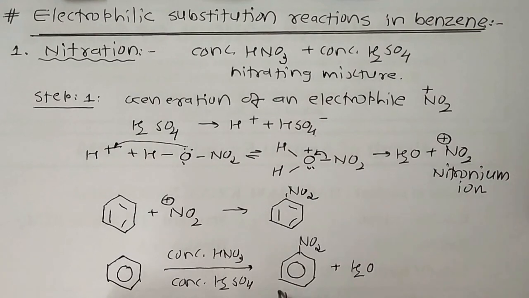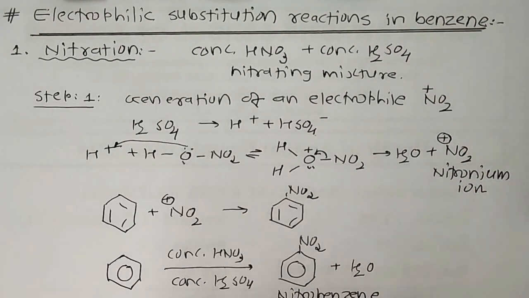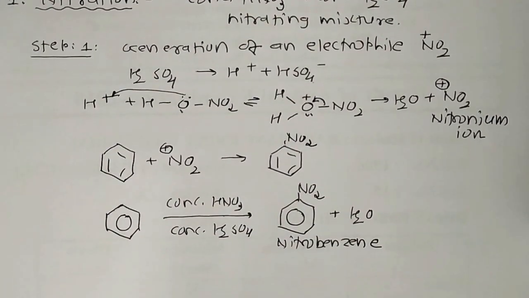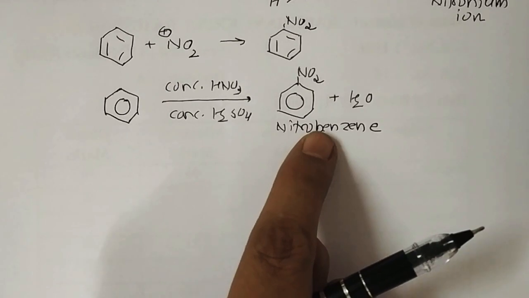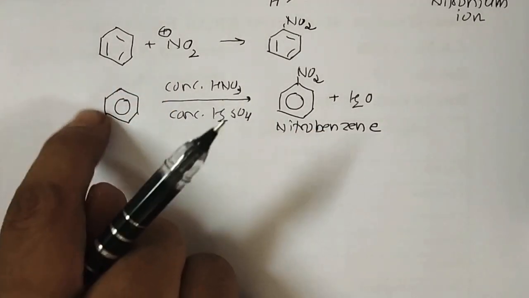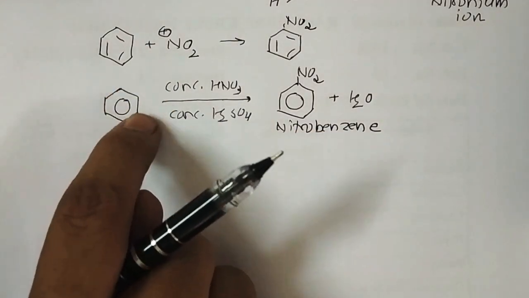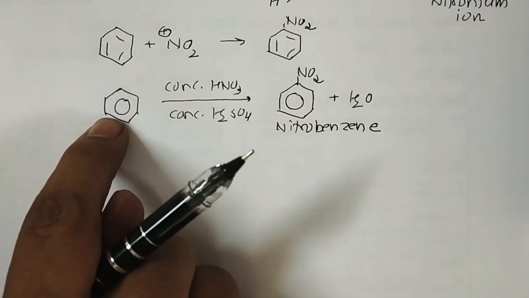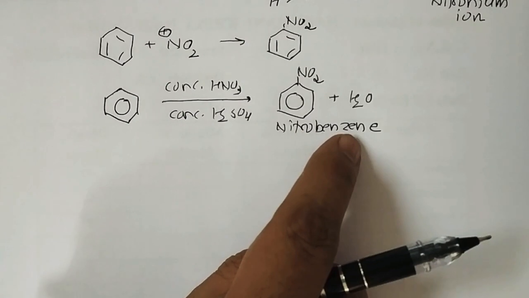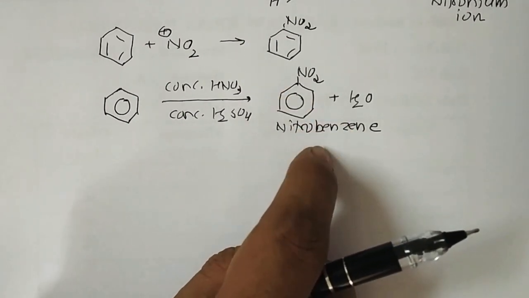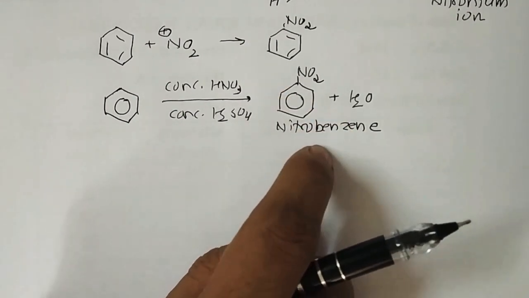The name of this compound is nitrobenzene. This is all about the nitration reaction. Since each carbon and each hydrogen in benzene is equivalent, it gives only one isomer, nitrobenzene, a monosubstituted product.